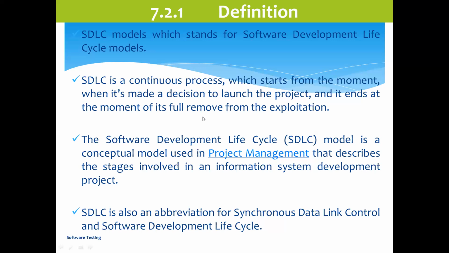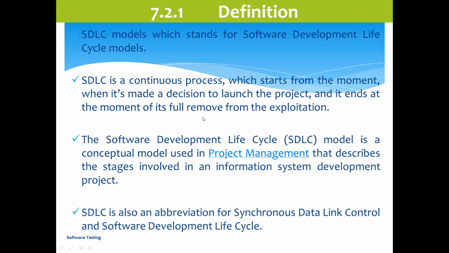To follow all those stages or phases, some models and some rules are required. Different persons developed different rules and gave them different names. Those names or rules are called models here, to implement those phases or stages, the 8 stages which we discussed.